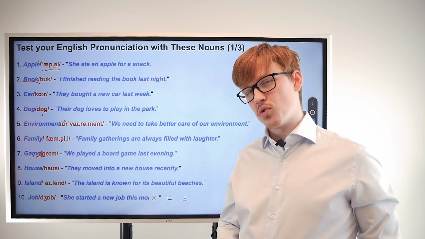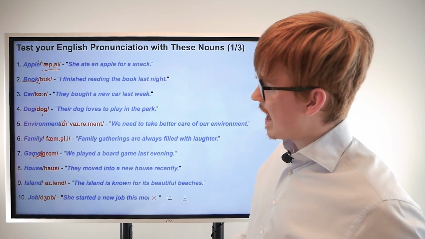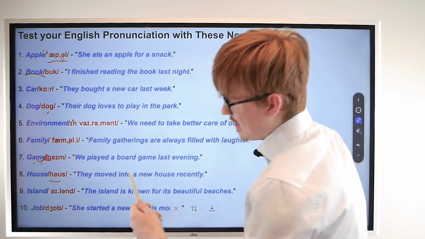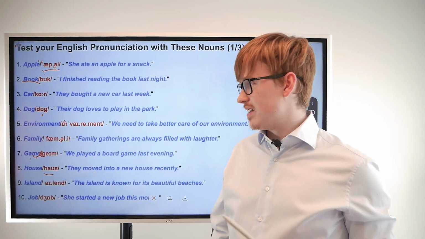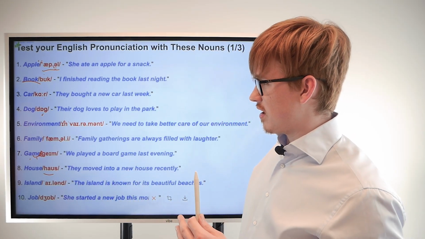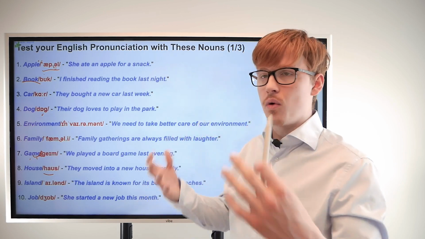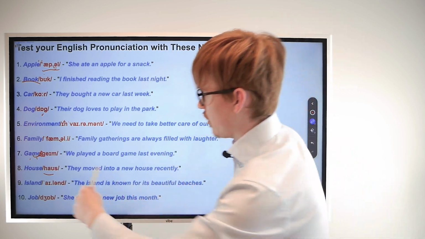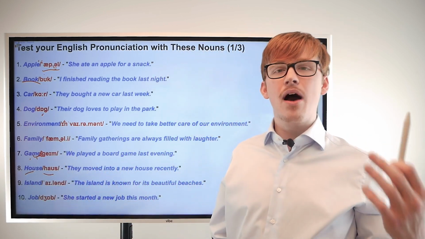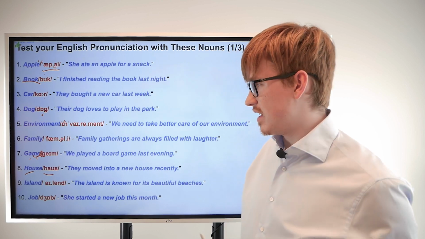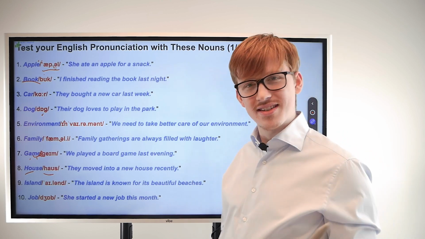Okay, number 8, we have house. Another one syllable word. House, pretty much the same spelling, just the E again. The E turns the OU into an ow. So OU is quite often pronounced as ow. House, and instead of hose, you see?